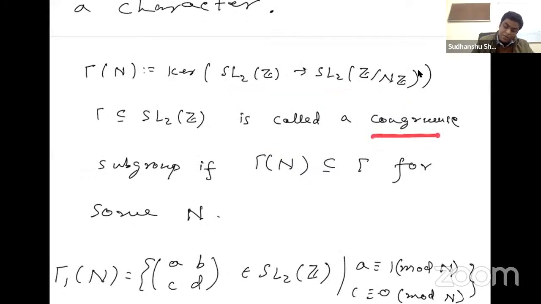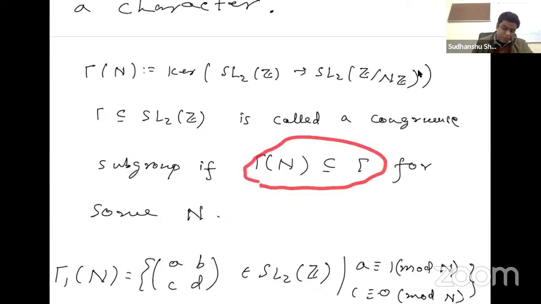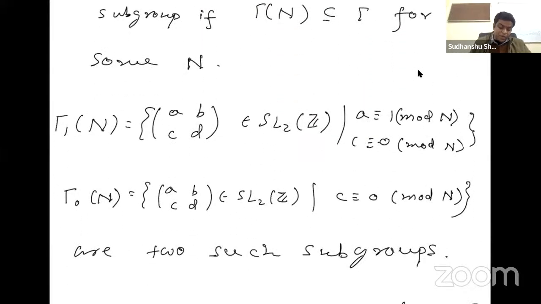Let me recall the definition of congruence subgroups. A congruence subgroup is a subgroup of SL2(Z) which contains Gamma(n) for some n. These are two examples of congruence subgroups we are interested in.